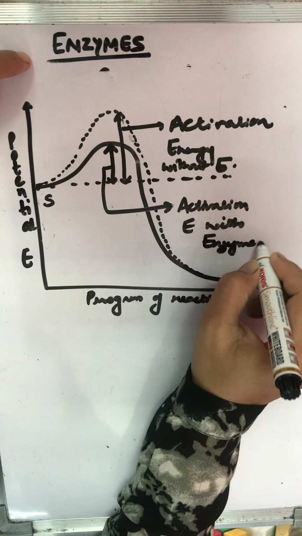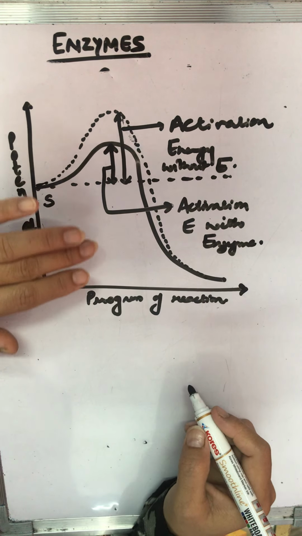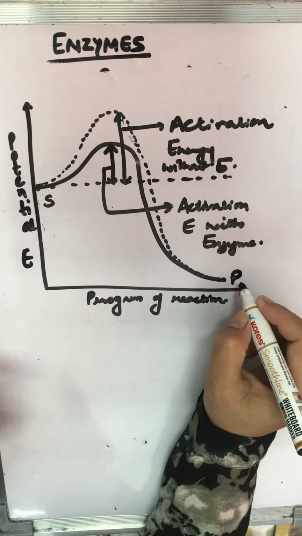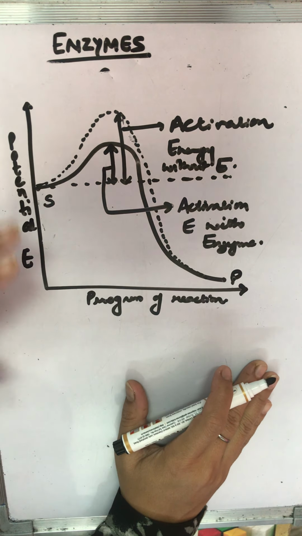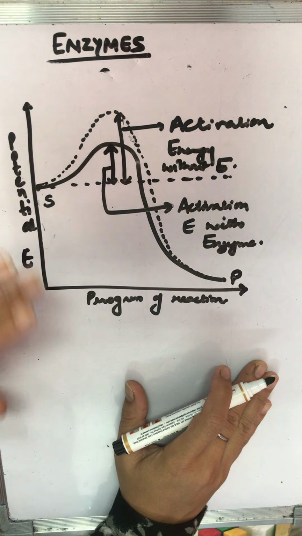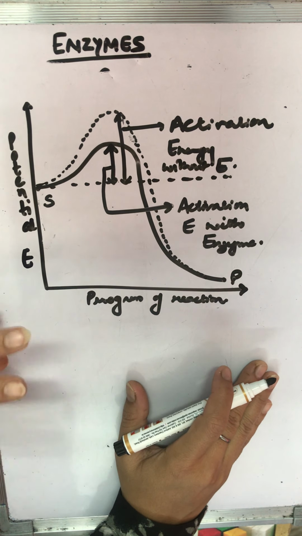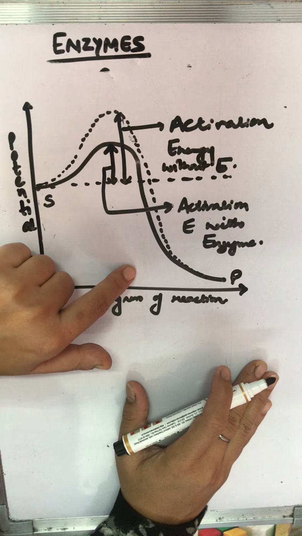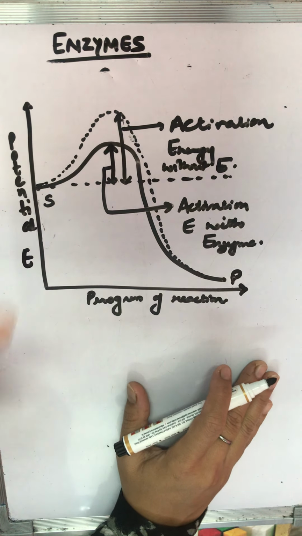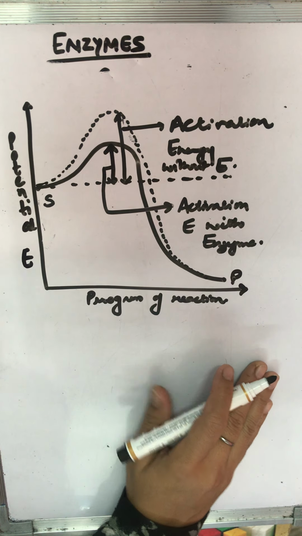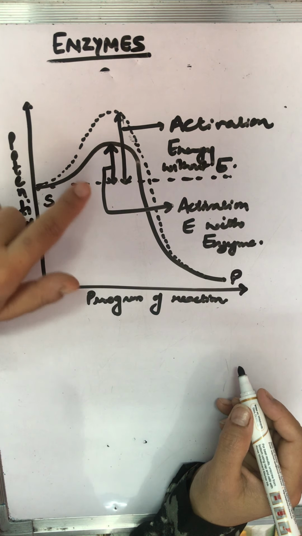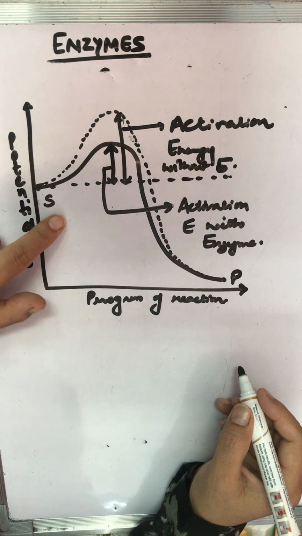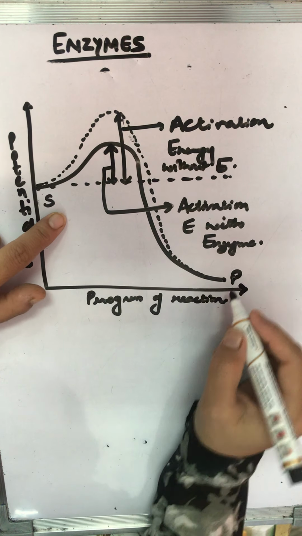Now what is this activation energy? What is this without enzyme and with enzyme? What is this product formation? This actually is the reaction rate described in a graphical form. We see the energy level of S and P can reveal the nature of this entire reaction. If P is lower in level than the S, the reaction is exothermic.